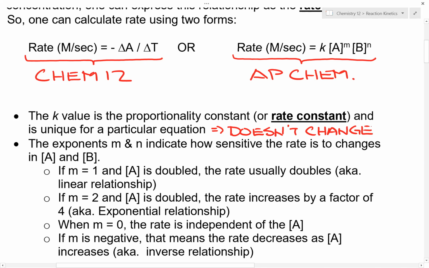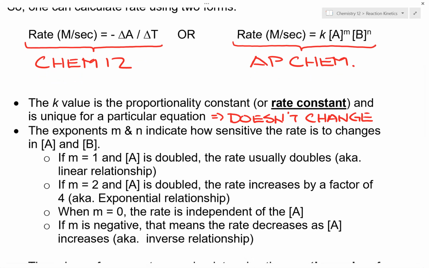If m is equal to 2 and A is doubled, the rate increases by a factor of 4, an exponential relationship. When m is 0, the rate is independent of A. And if m is negative, the rate decreases as the concentration of A increases, what we call an inverse relationship. Later on, I will give you an example of what I mean.